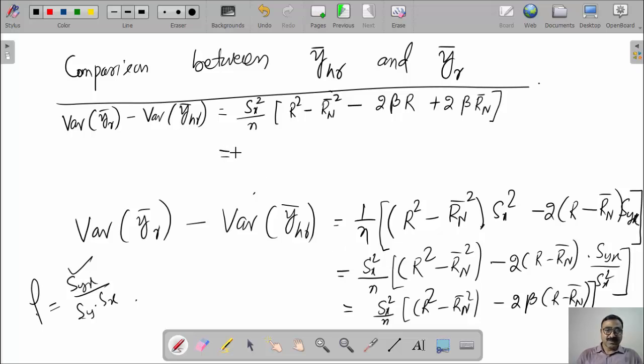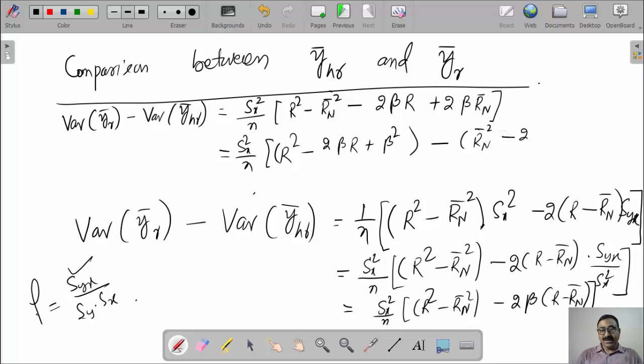Now this is equal to Sx square by n into R square minus 2 beta R plus beta square, minus Rn bar square minus 2 beta Rn bar plus beta square.